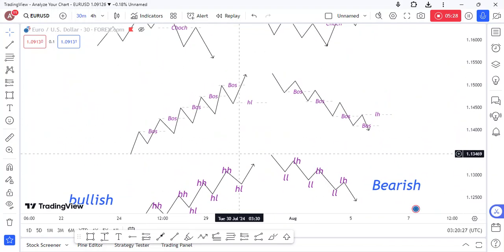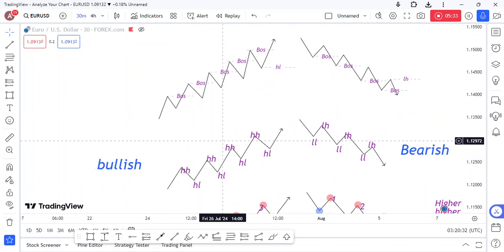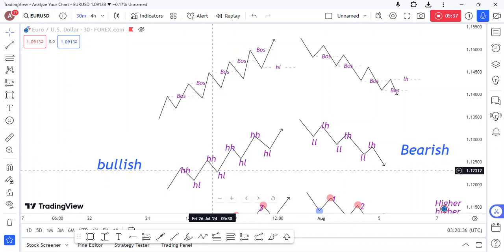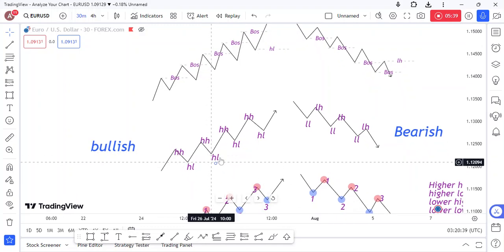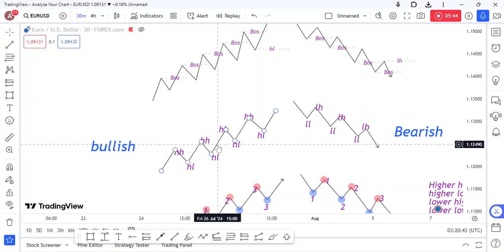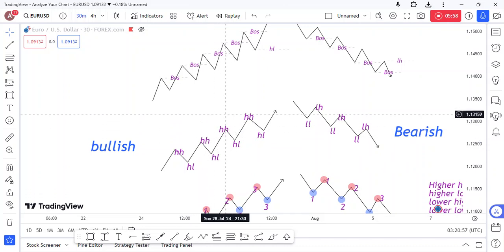Now, like I said earlier, high 2 is higher than high 1. High 3 is higher than high 2, in that order. So for this structure to continue being bullish, the succeeding high should be higher than the previous high, which means that high 2 should be higher than high 1, high 3 should be higher than high 2, high 4 should be higher than high 3.